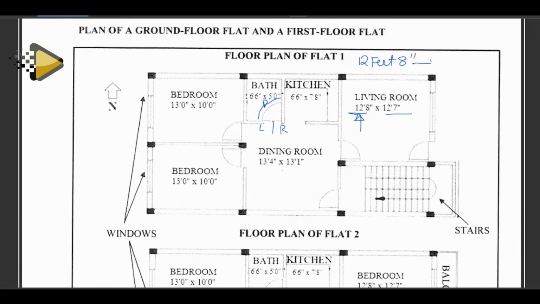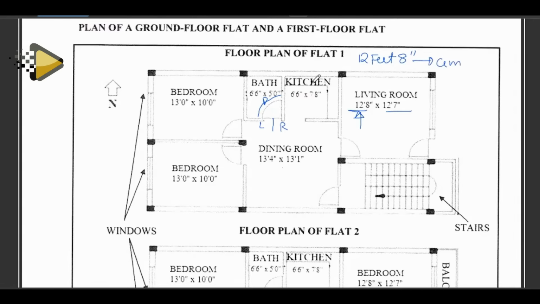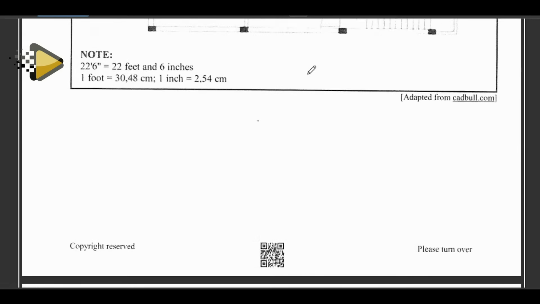We have to change everything to centimeters. So first and foremost, we are going to change this part here. So we have 12 feet. We have to change them to centimeters. Also, the 8 inches have to change to centimeters.